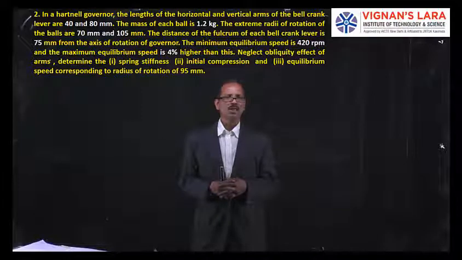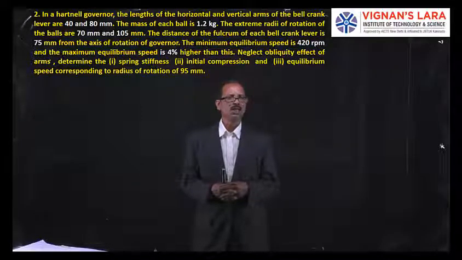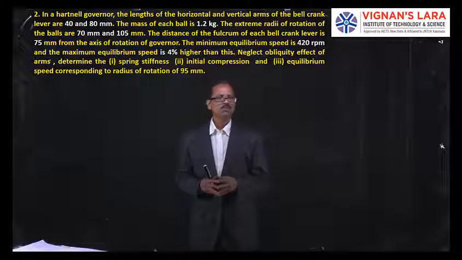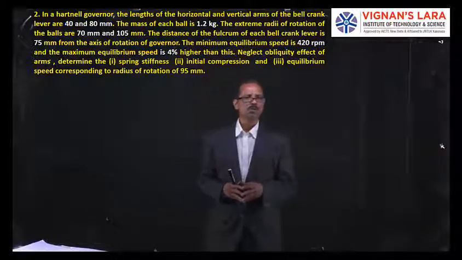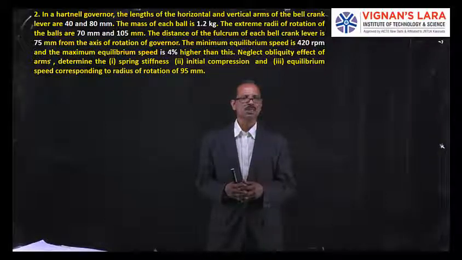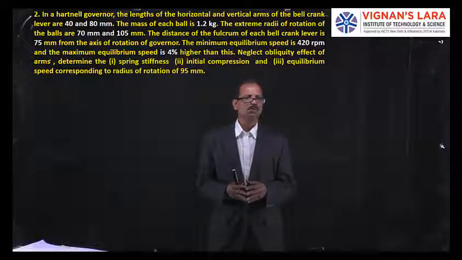In a Hartnell governor, the lengths of the horizontal and vertical arms of the bell crank lever are 40 and 80 mm. The mass of each ball is 1.2 kg. The extreme radii of rotation of the balls are 70 mm and 105 mm. The distance of the fulcrum of each bell crank lever is 75 mm from the axis of rotation of the governor.